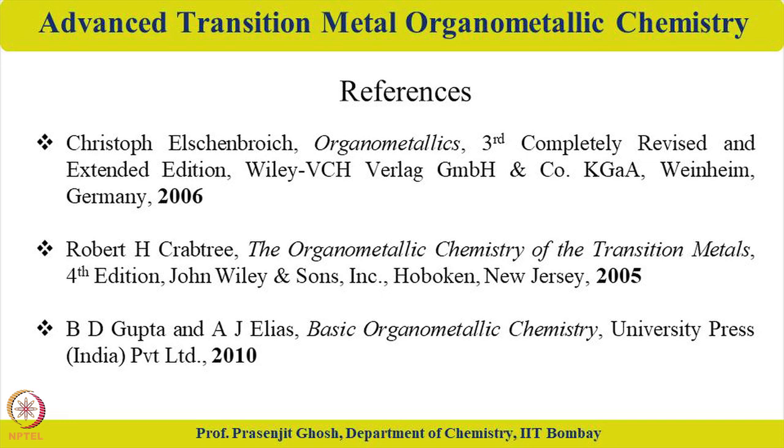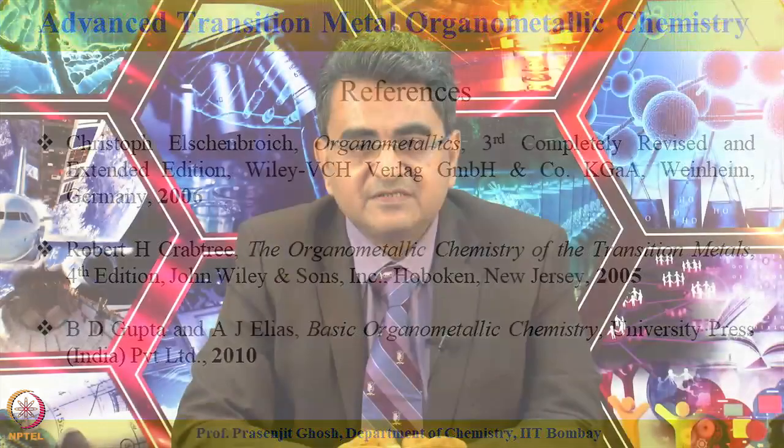And last but not the least, a book on organometallic chemistry right from India by Professor B.D. Gupta and A.J. Elias. The title of the book is Basic Organometallic Chemistry from Universities Press, which came out in 2010.